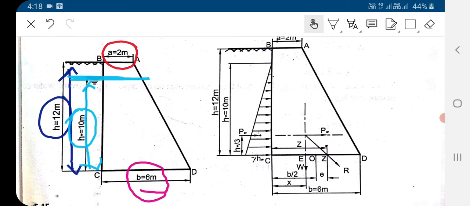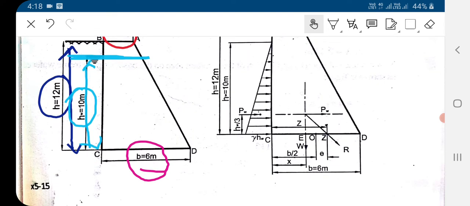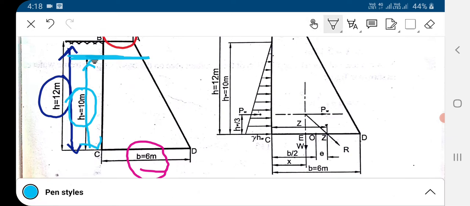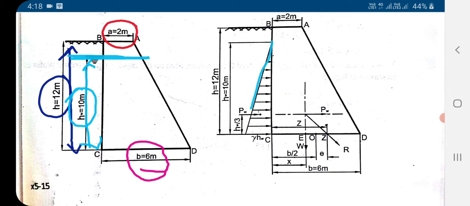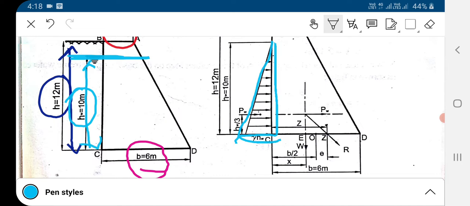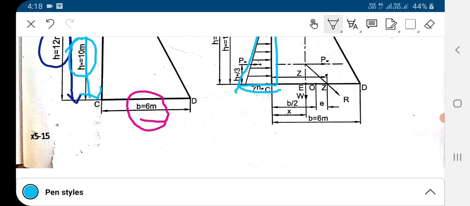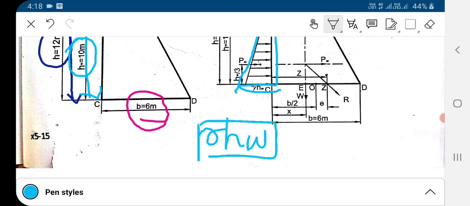For that purpose, as we all know, on the water side the horizontal water pressure is acting, and its distribution is triangular, as we have seen in the previous lecture. So the intensity of this water pressure at the base is what? Gamma into HW. HW over here is the height of water, which is 12 meter.